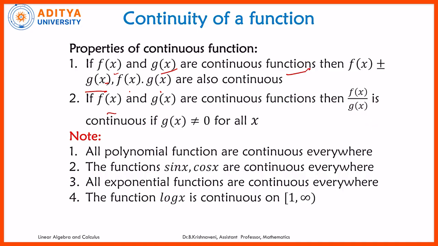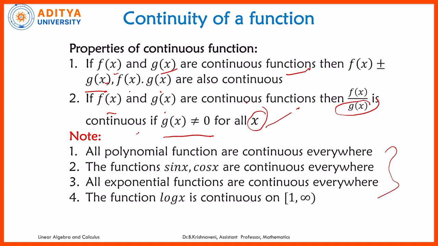Now, f of x by g of x is also continuous provided g of x not equal to 0 for all x. In other words, if f and g are continuous, then f plus g, f minus g, f into g are also continuous, and f by g is also continuous provided the denominator is not equal to 0 for all x. This is the point you have to keep in mind to do the questions.